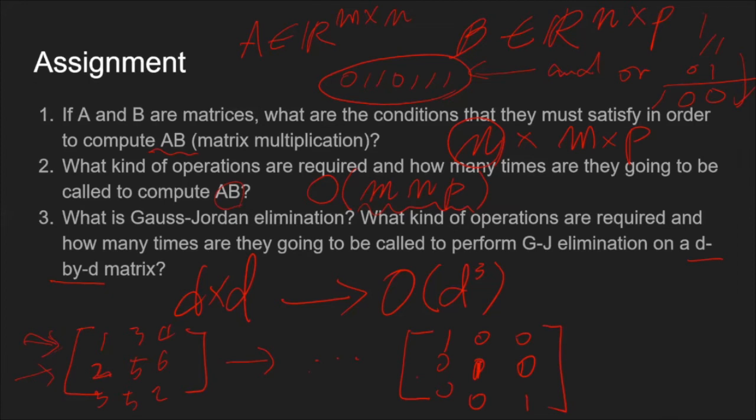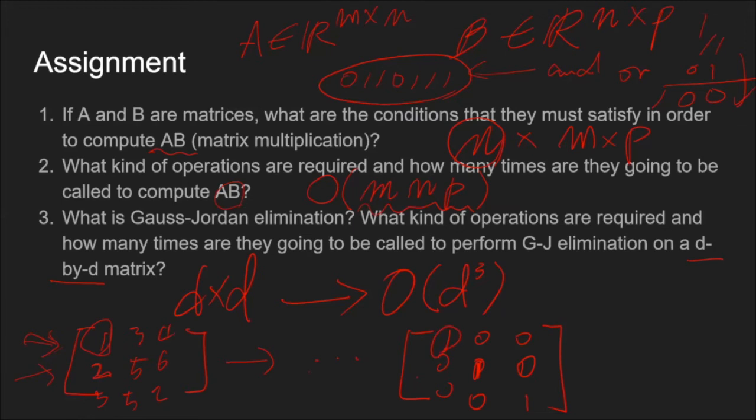I'm not going to go into all the details of Gaussian elimination. If you want, later on, I can make a separate video about it, but that's not the point here. In order to compute this, eventually you're going to switch the first element into 1.